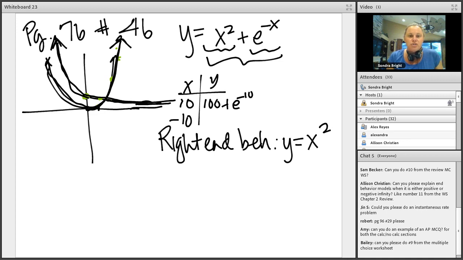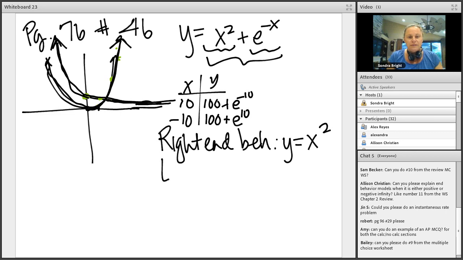You would have 100 again, because negative 10 squared is 100, but then you're going to be adding e to the negative negative 10, so it'll be a positive 10. So that's like 3 to the 10th power, which is huge, plus 100. Well, that huge number is growing way faster than the 100 is. And even as you go even further, it's even more.